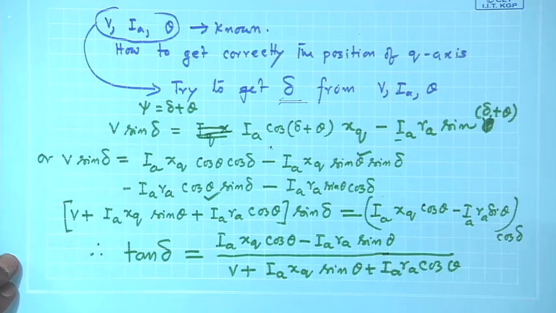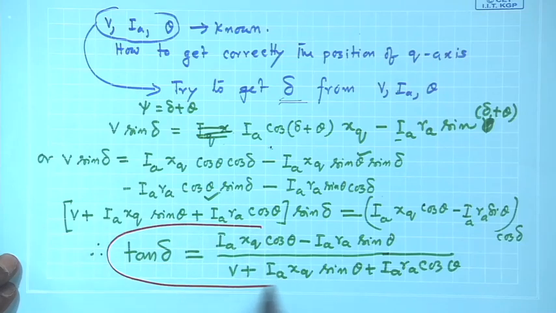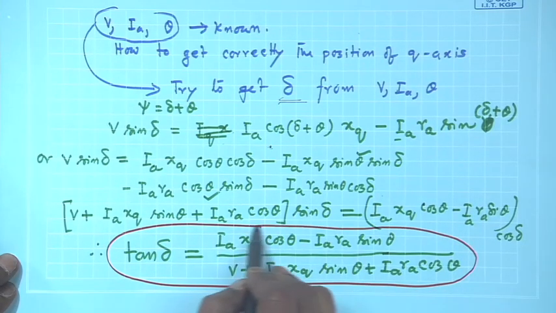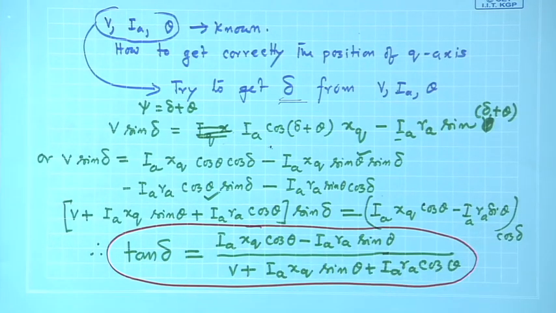This will be the expression of tan delta. On the right hand side you see I A, there is no I d, I q, fine, there is only terminal voltage V and power factor angle, knowledge of theta is necessary to compute this.